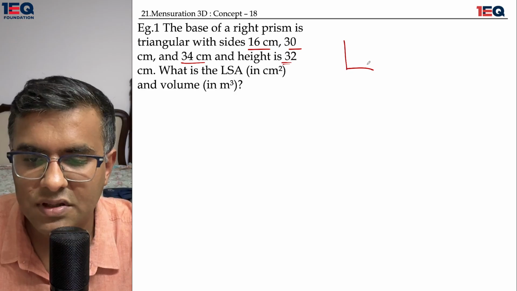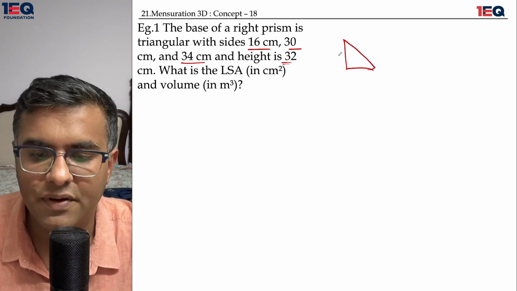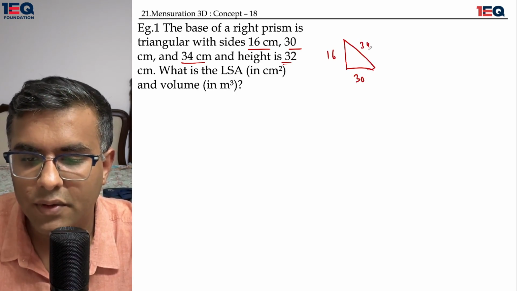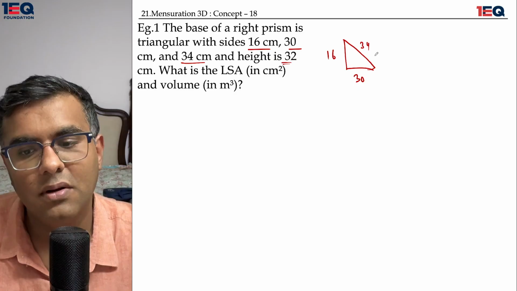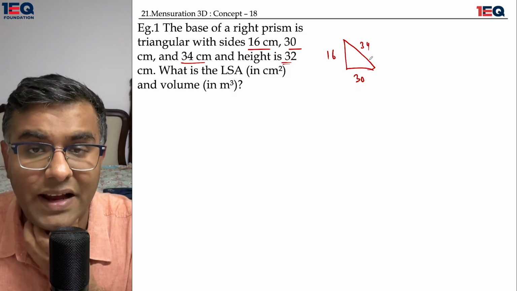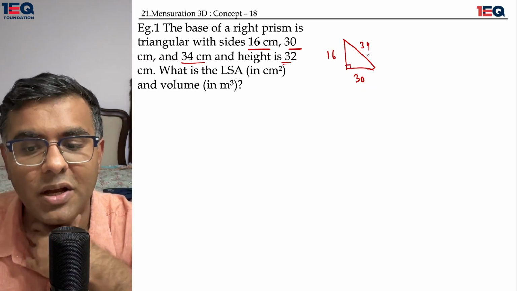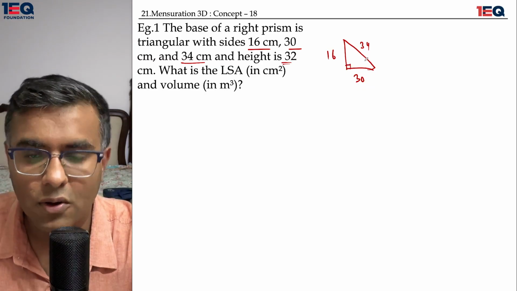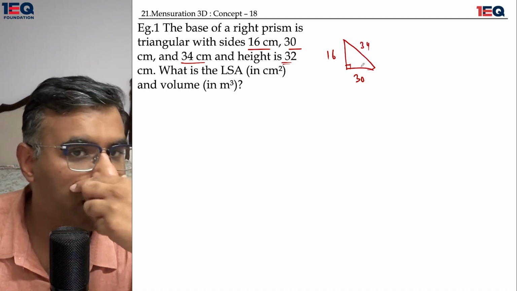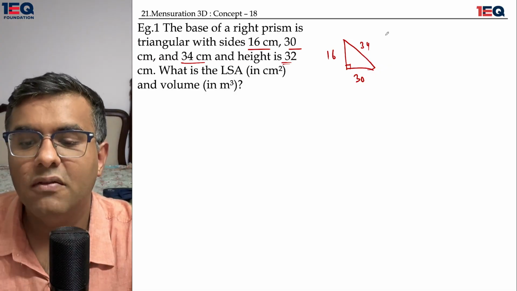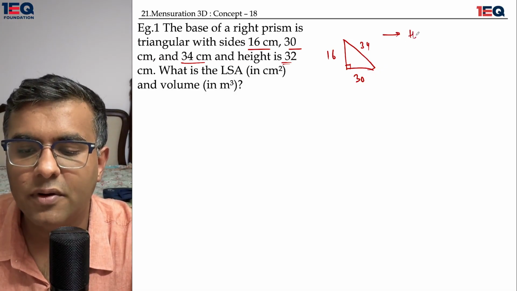So let me first check. I have 16, I have 30 and I have 34. Does this trio make up a Pythagorean triplet or not? If it does, then I can simply apply half into base into height. If not, we have the option of applying Heron's formula.